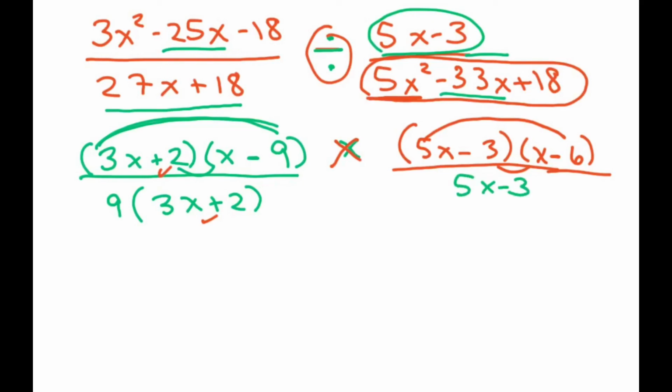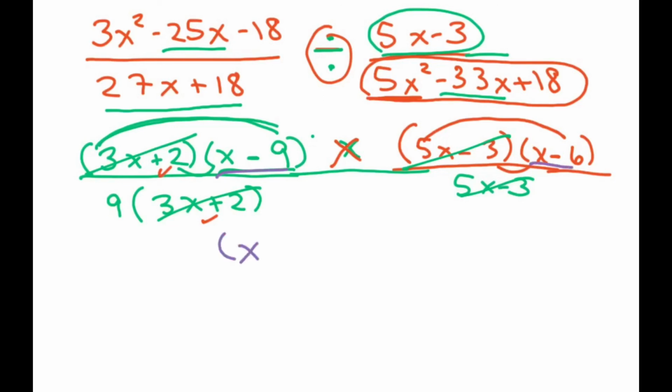Now, since it's times, we can just put it all together now. That's what makes it easy. So we're going to cancel these two out, cancel these two out, and what we're going to do is go ahead and multiply these two together.